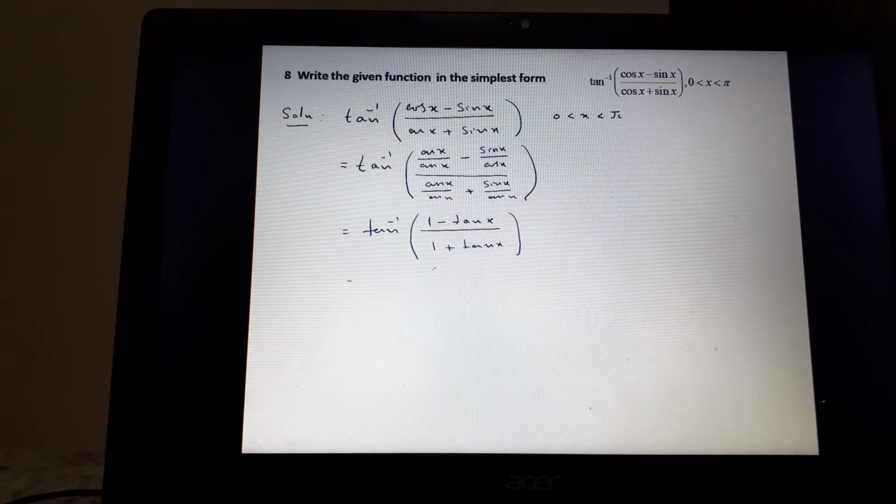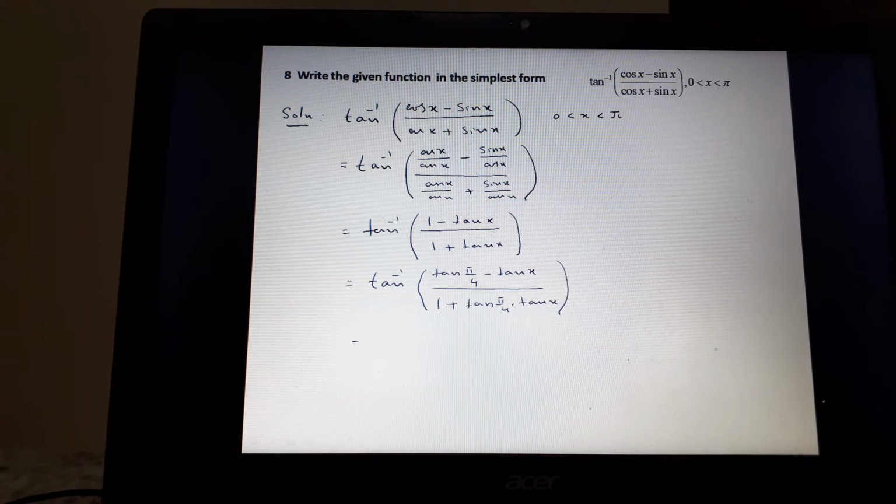Now if you remember the formula directly you can write this one, but let me write one more step that is more convenient. So tan inverse of, I will write like this: 1 can be written as tan pi by 4, minus tan x, divided by, here in order to use the formula I will write 1 plus tan pi by 4 into tan x, because tan pi by 4 is 1.